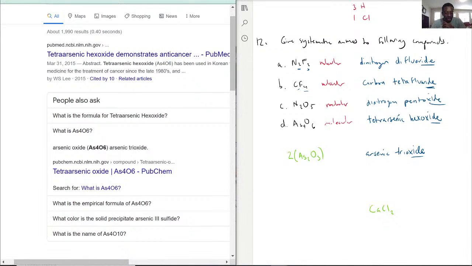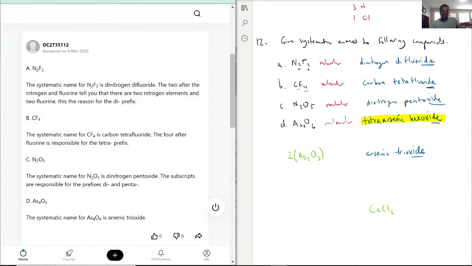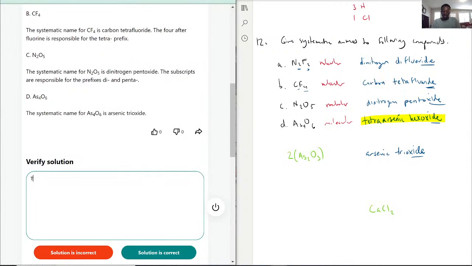And it looks like I did spell it wrong, because you should actually have an extra a. I thought you could kind of drop it, but I guess it really likes to be tetraarsenic. So this one I'd highlight because systematic, according to Google, it works for this. You can still get tetraarsenic hexoxide, but its other name is also known as arsenic trioxide. So with this type of question, this is correct.